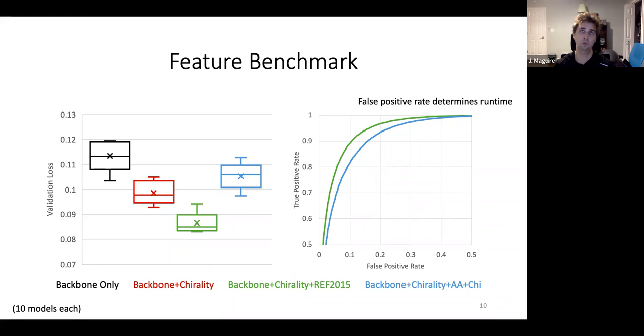The same is true for different chiralities or chiral patterns. We had the hypothesis that maybe there's a magic sequence of chiralities, like LLDDL or something like that, and none of that signal rose above the noise.